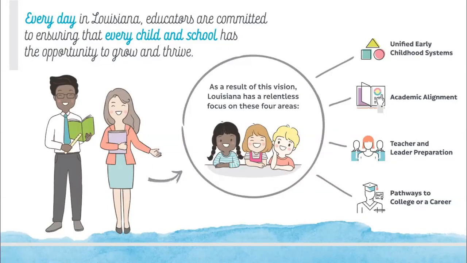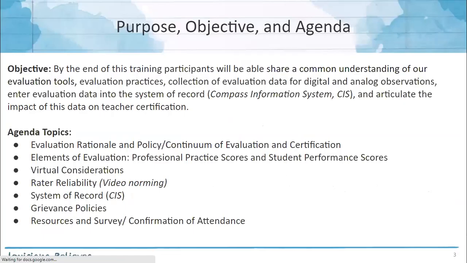Now, let's dig in. The objective of today is that by the end of this training, participants will be able to share a common understanding of our evaluation tools, evaluation practices, collection of evaluation data for digital and analog observations, enter the evaluation data into the system of record or the Compass information system, and articulate the impact of this data on teacher certification.